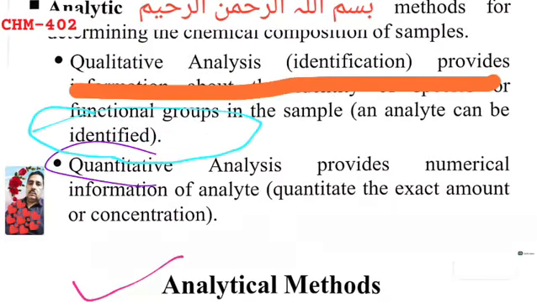For example, sodium gives a golden color, potassium gives violet color, similarly you have brick red, and barium gives an apple green color.